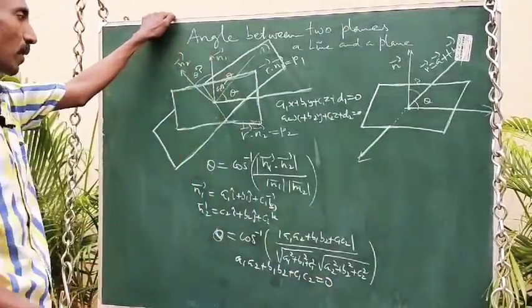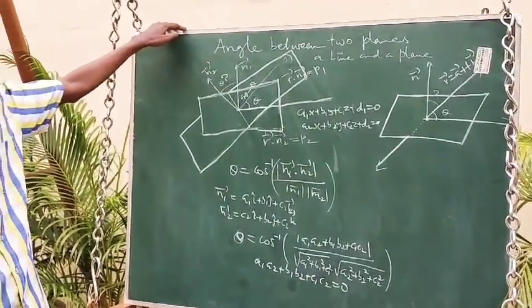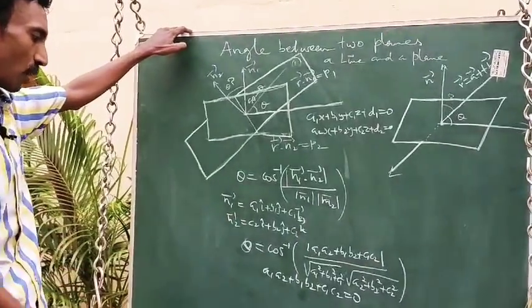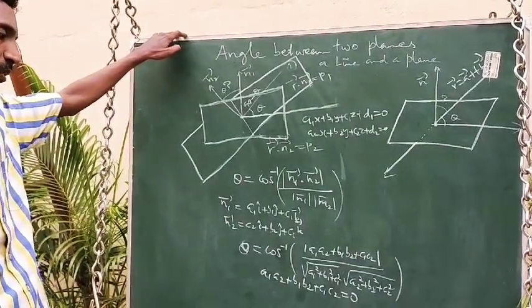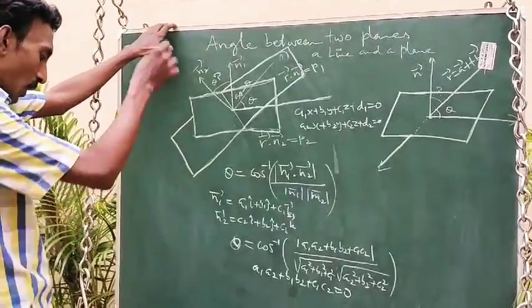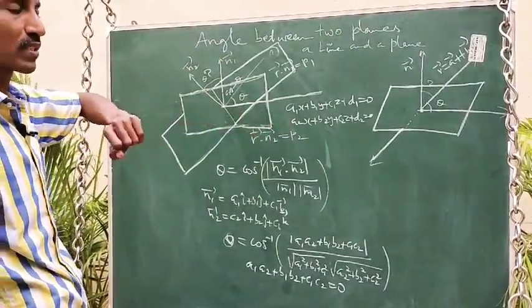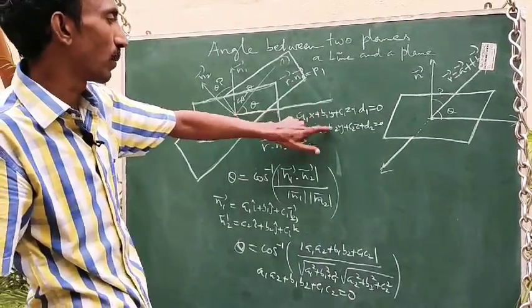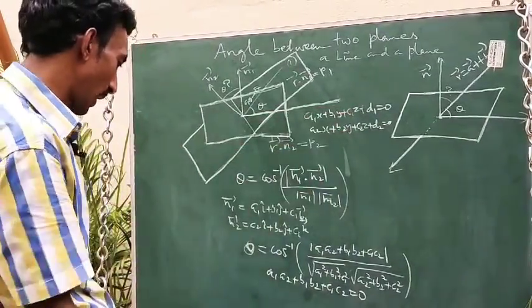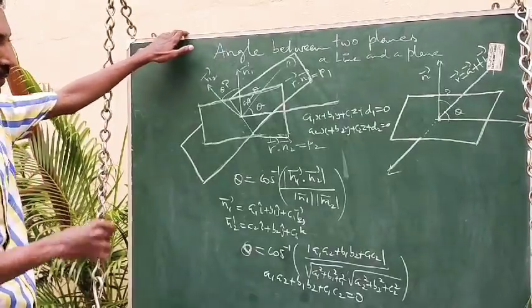If the two planes are perpendicular, then N1 dot N2 equal to 0, or A1 A2 plus B1 B2 plus C1 C2 equal to 0. Suppose the two planes are parallel, then the ratios between the coefficients are equal: A1 by A2 equal to B1 by B2 equal to C1 by C2. That is also given.